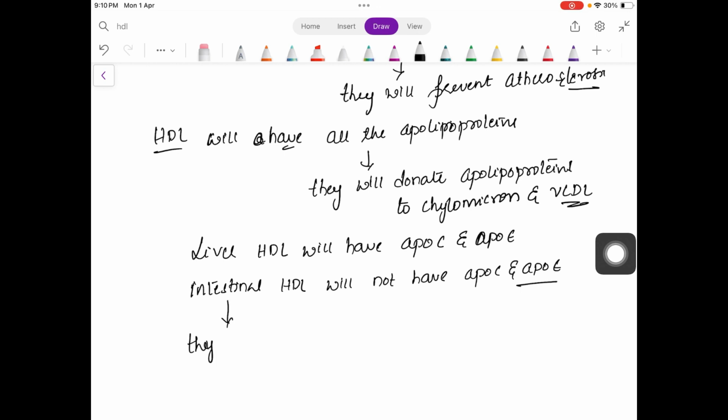They will acquire them from liver HDL. So this is about HDL metabolism, which helps in preventing deposition of cholesterol in the peripheral tissues and prevents atherosclerosis in a person. Thank you.